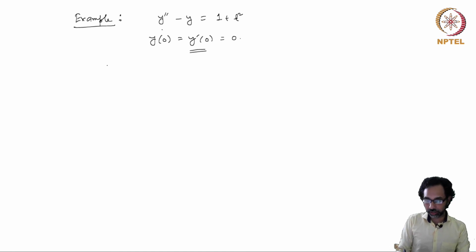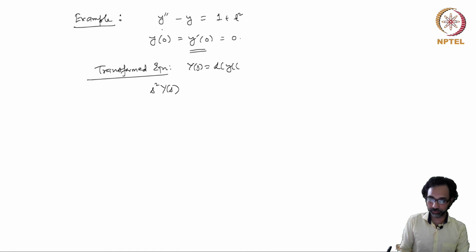Then taking the transformed equation gives you s^2 Y(s). Here again Y(s) is our Laplace transform of y(t). The other terms will be 0 because both y(0) and y'(0) are 0.